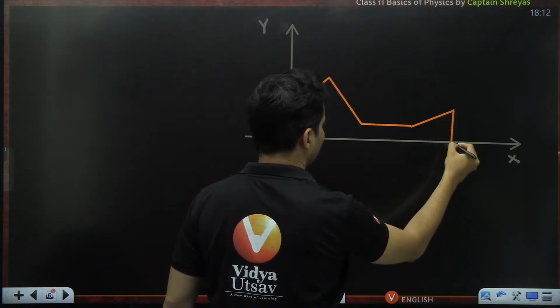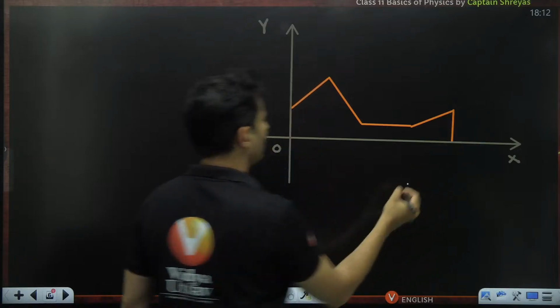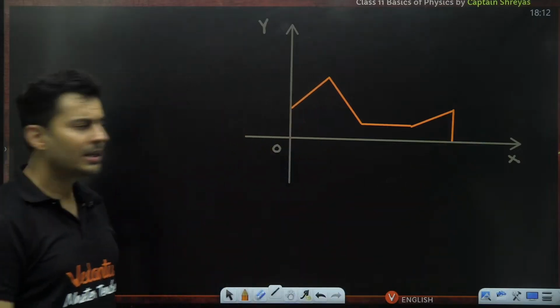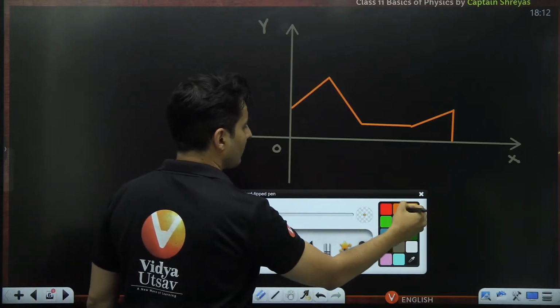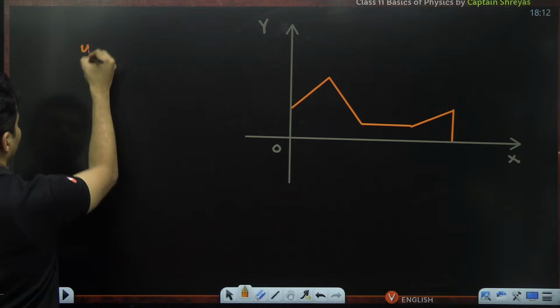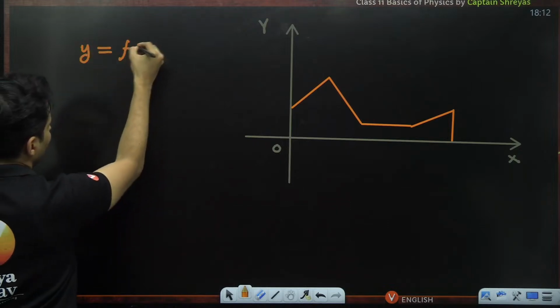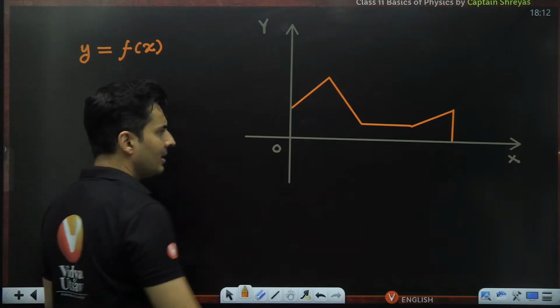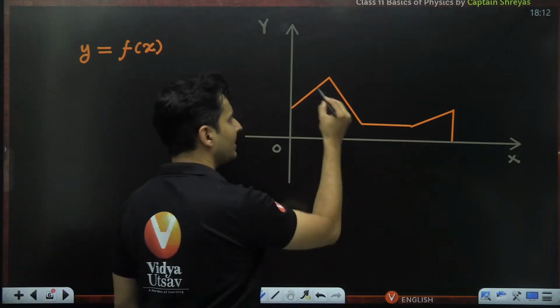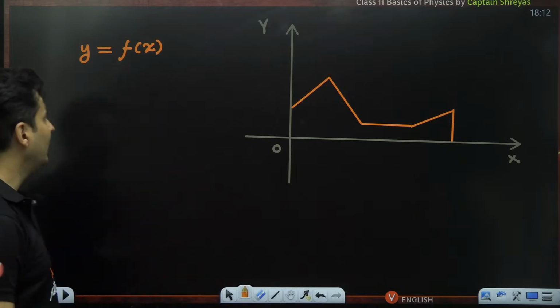I have made some random graph. This is a graph of some function y is equal to f of x. For every x, there is a unique value of y.